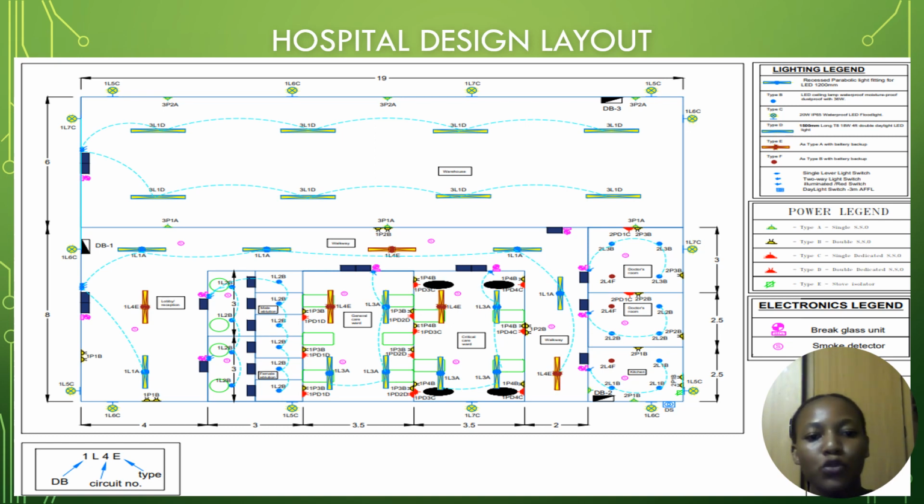And then towards your far right, we have the doctor's rooms that are divided in two. And then moving down, we'll have the kitchen in the far right corner. That's where the hospital kitchen is situated.